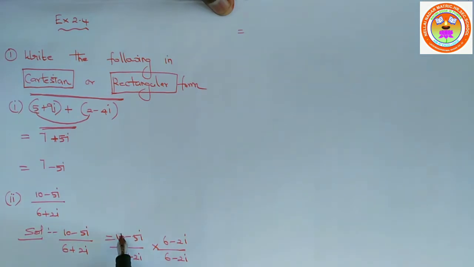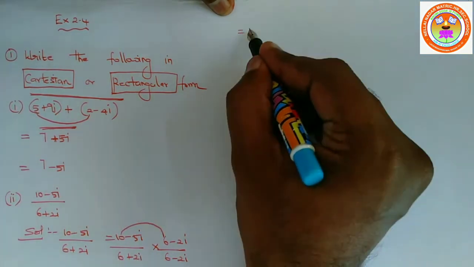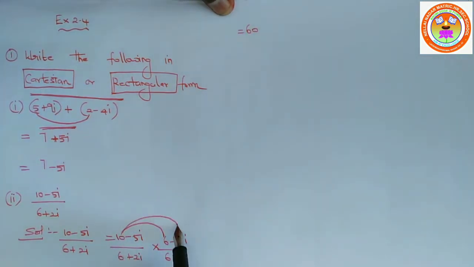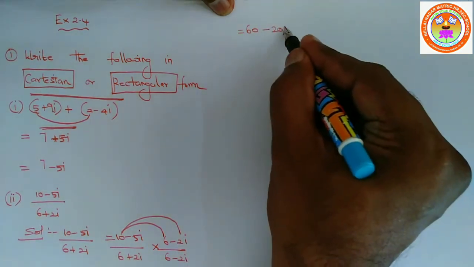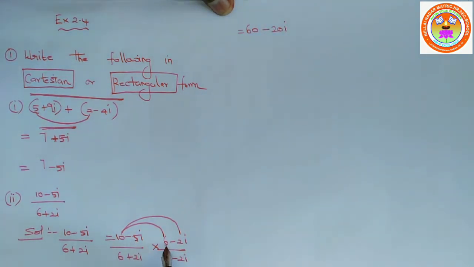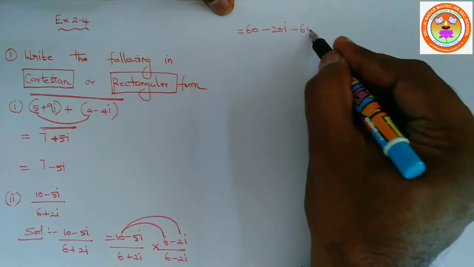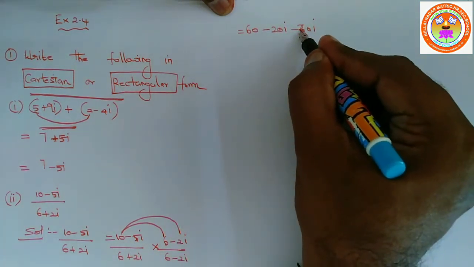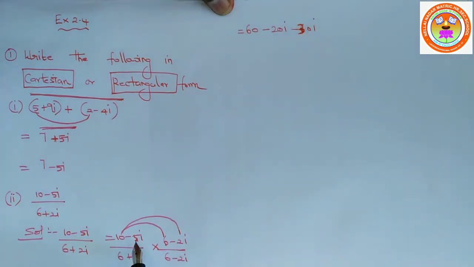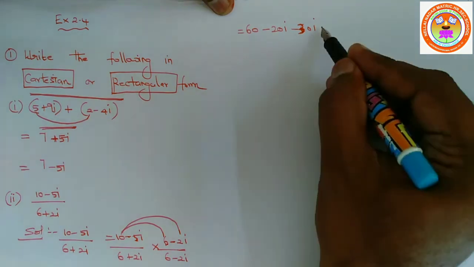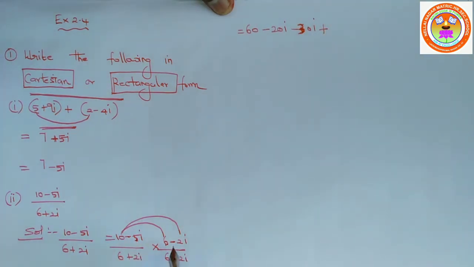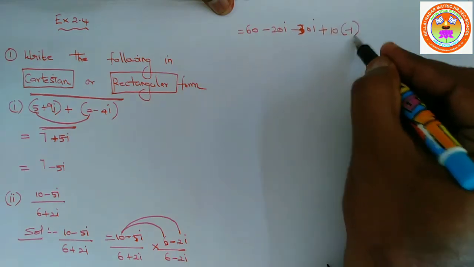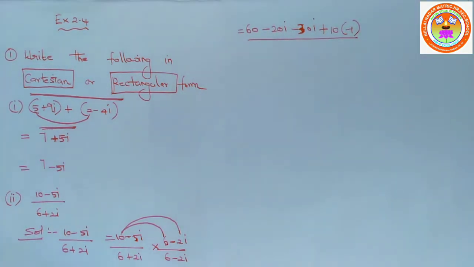So you need to multiply. 10 times 6 is 60. 10 times minus 2i is minus 20i. 5 times 6 is 30, so minus 30i. Minus into minus is plus, 5 times 2 is 10, i into i is i square. What is the value of i square? Minus 1, I have told you.